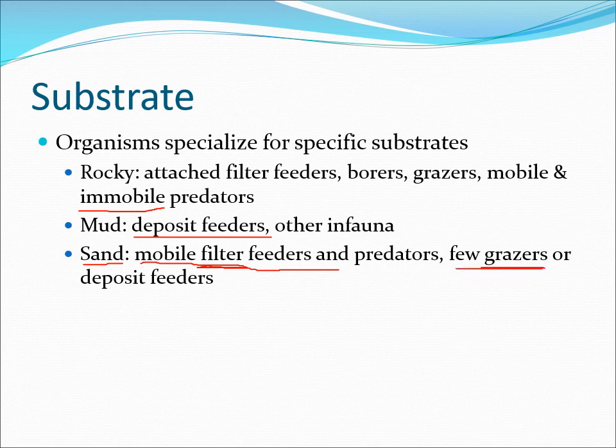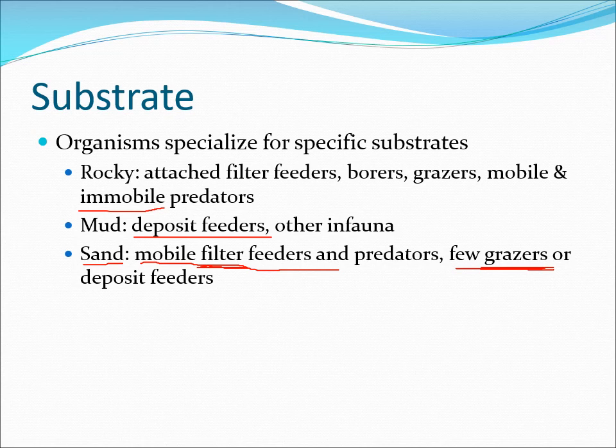Grazers are those organisms which take the algae coated over other surface as their food particles. So with algae coating a substrate, the grazer organisms basically take those algae from that substrate. So different kinds of mobile animals, that means those animals which can move over the substrate, are particularly found over the sandy substrate.